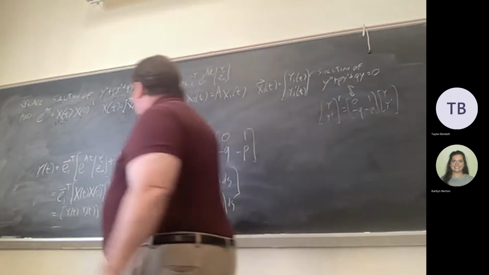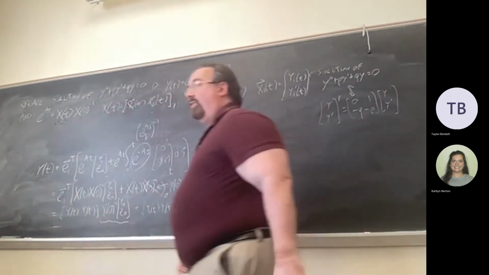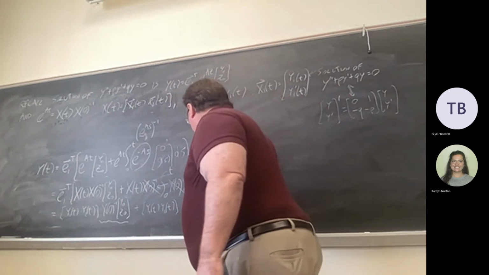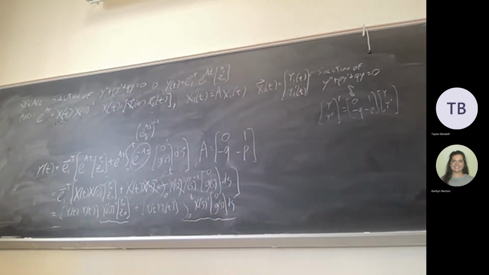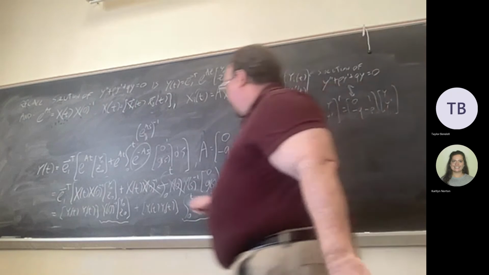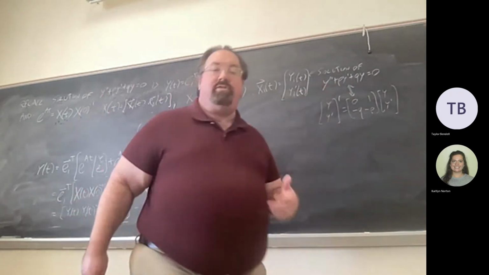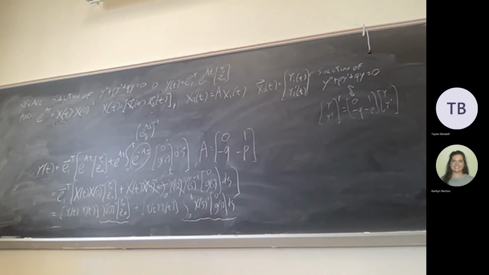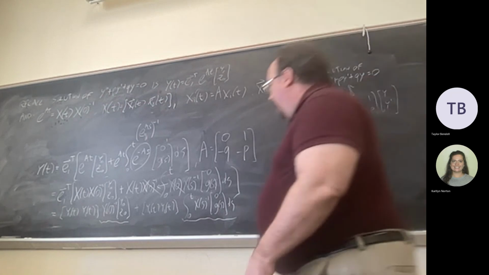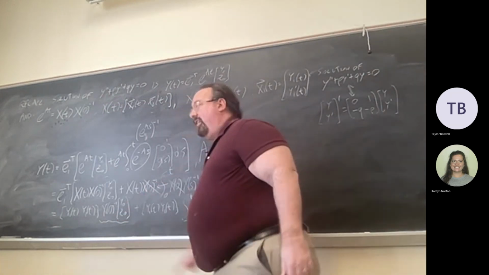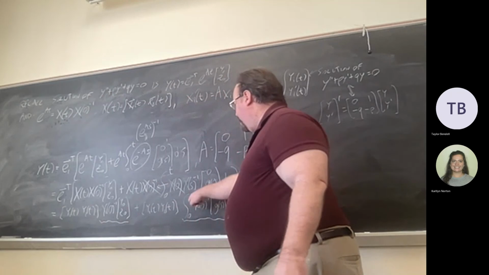Now, this is a column vector. And this whole integral, also a column vector. So once those column vectors are obtained, then we take the dot product with vector y1 of t, y2 of t, and then we have our solution. But what this vector here and here shows is that the solution is a linear combination of y1 of t and y2 of t. It's just that this is a constant vector. This is a vector that's a function of t.